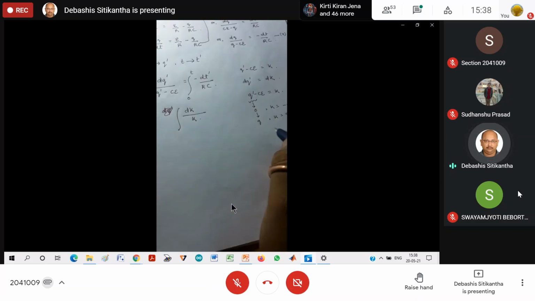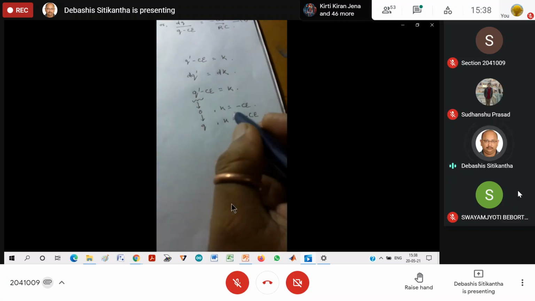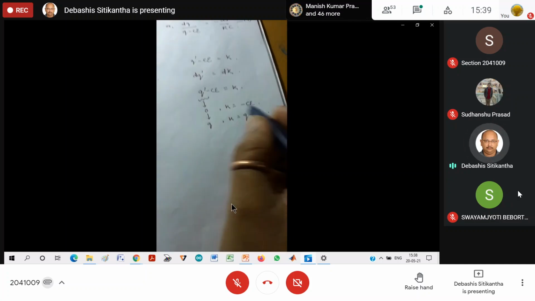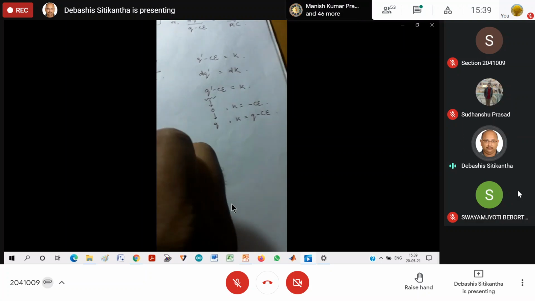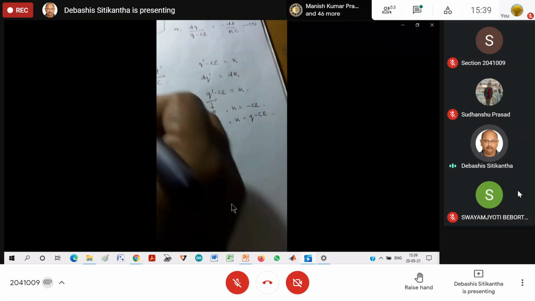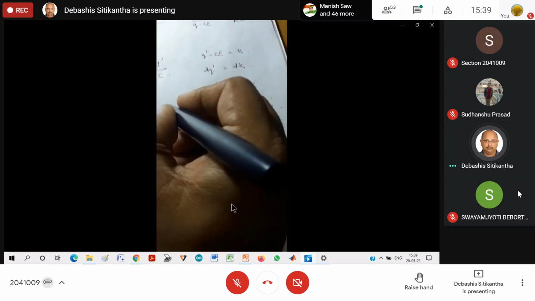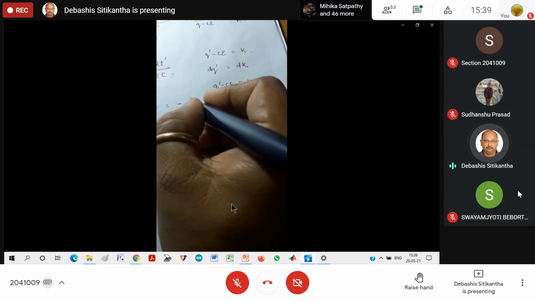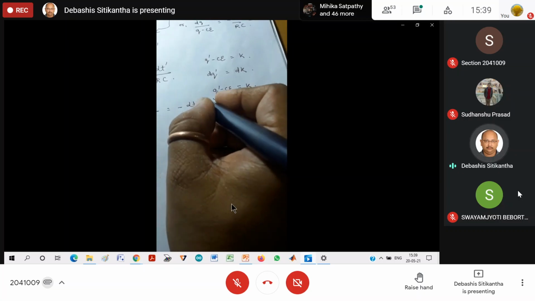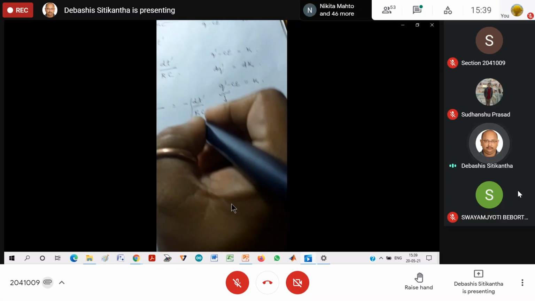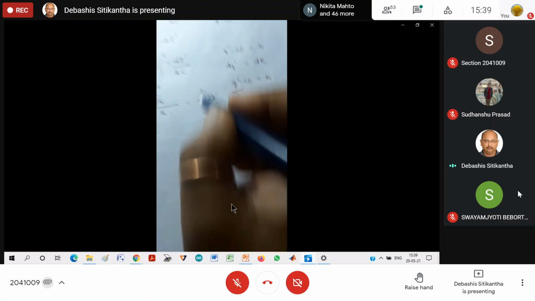So in the integration, the limits are now, as you can see, for 0 the corresponding value is minus CE, and for the upper limit it is Q minus CE, equal to minus dt dash by RC, integrated from 0 to t.